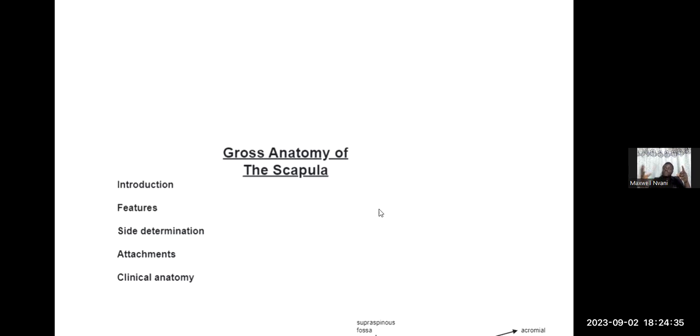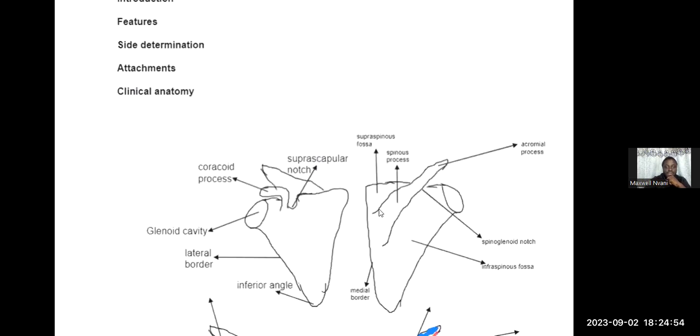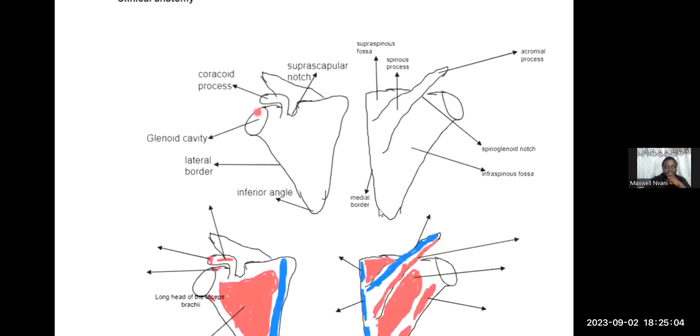Okay, so once you see the glenoid cavity, you orient it to face laterally. Now, how do you differentiate superior from inferior? If you check the outline of the scapula, it's triangular, right?